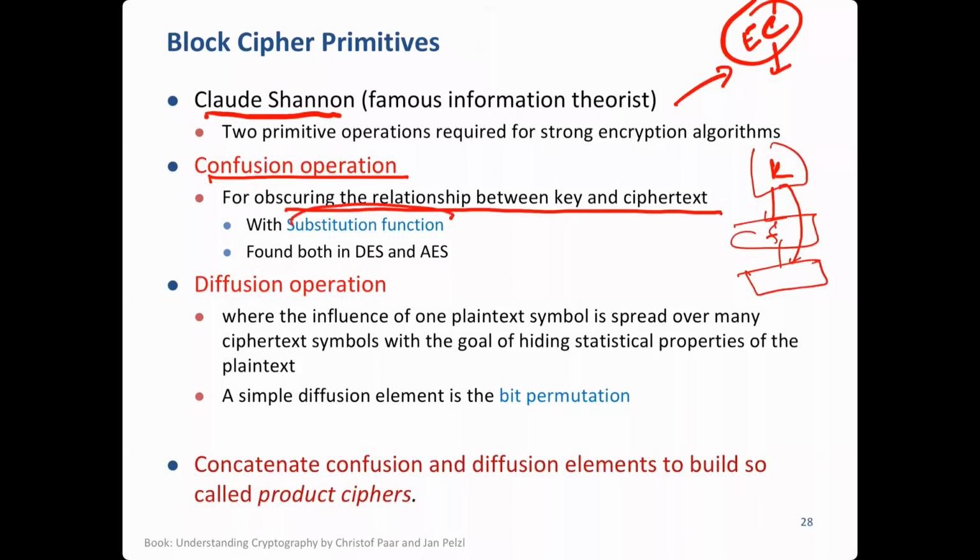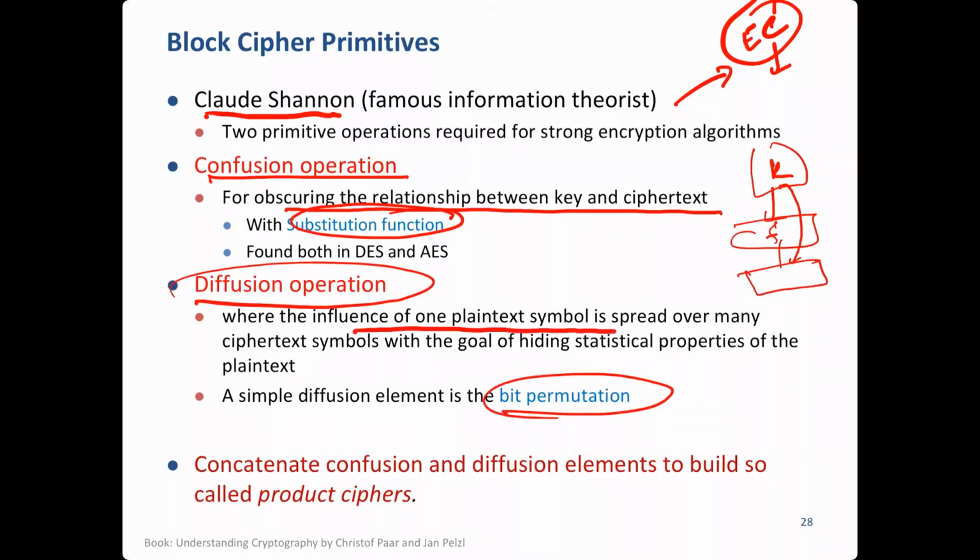This is done using a substitution function, which we'll study later. And second is the diffusion function, which is nothing but bit permutation, right? Here the influence of one plaintext symbol is spread over multiple plaintext symbols, with the goal of hiding the statistical properties of the plaintext. We'll look at the diffusion function a little later.